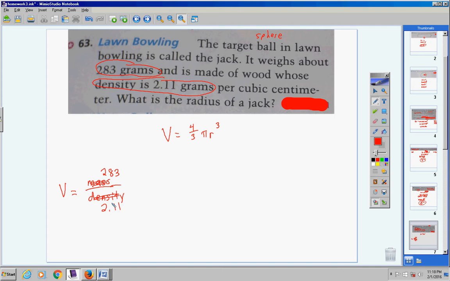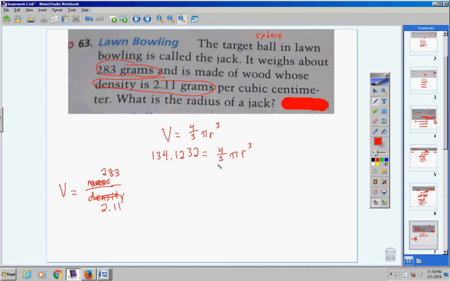So with a calculator, let's divide these, and we'll get 134.12322. That's your volume. 134.123 equals 4/3 pi r cubed. Now you're solving for r. So I'm going to divide both sides first of all by 4/3.